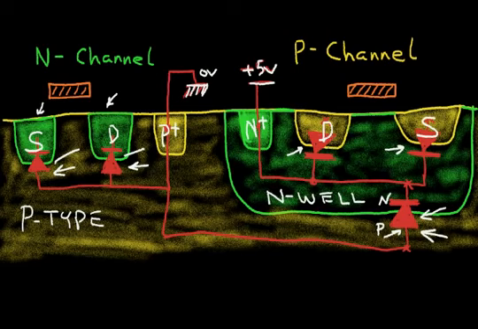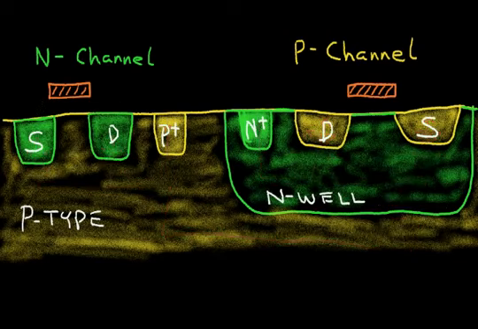And also we never want the drain and source diodes to become forward biased. Therefore, we never want the P regions of the P channel to go above 5 volts. If that happens, we're in a lot of trouble when we forward bias these diodes. So let me turn off this view.